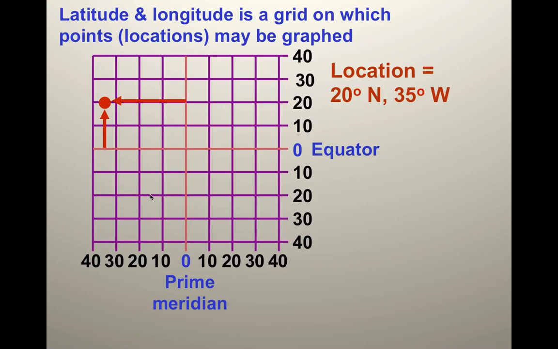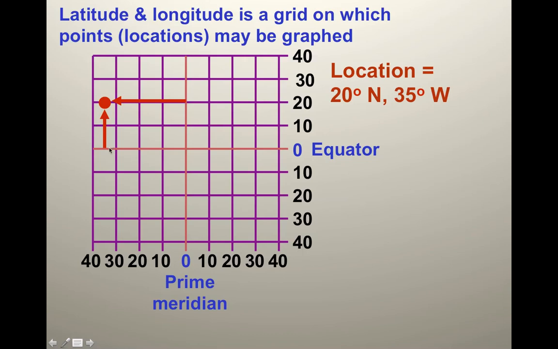So here is our grid system, right? And we're going to graph these points and come up with some locations. Here's an example. We're above the equator, right? So we're going to be north. We're to the left of the prime meridian, which means that we're going to be west. It's going to be a directional indicator for our longitude. So let's do latitude first.